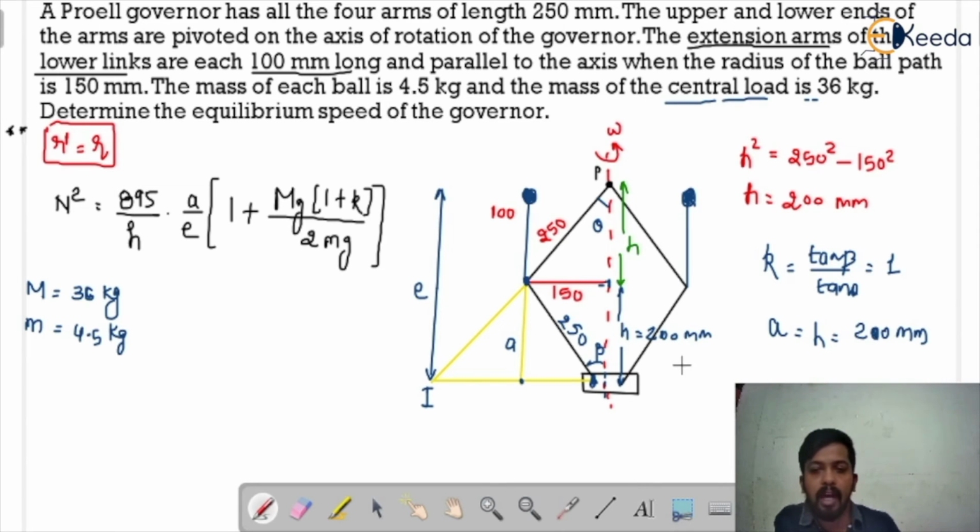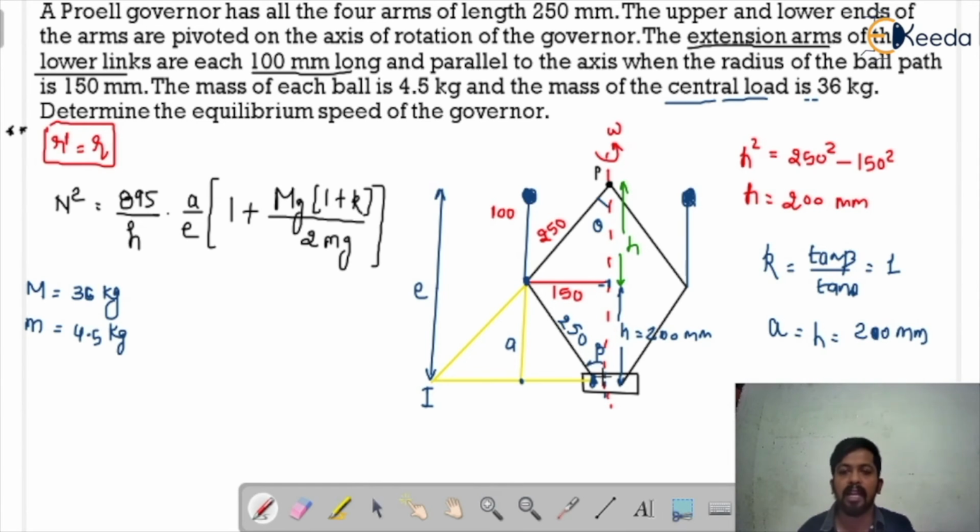Now what is the value of E? You can see here, this is A, which is equal to 200 mm, and this is the length of the extension of the lower link. Another procedure is that you can find out this length, that means the A length, also, because this is the length 150 and that is 250, that is equal to the height.